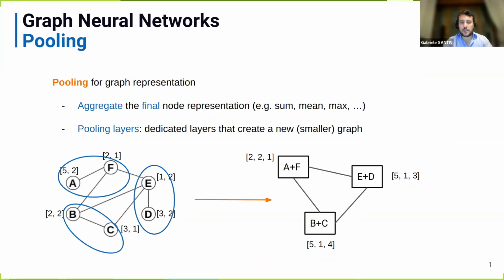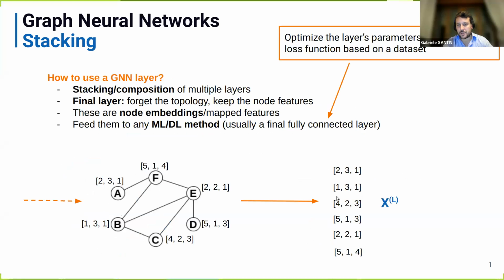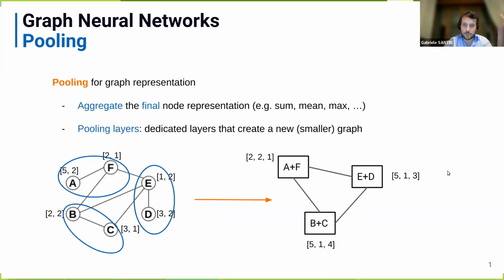In that setting, usually pooling is employed. You can do two things. Either aggregate the final node representation, so you take this final vector, which has one entry for every node, and then you do an aggregation of these. For example, you can take the average of these features, and you call that the embedding of your graph. Or you can also use pooling layers, which do the same as before, but in an iteration they reduce the dimension of the node set.